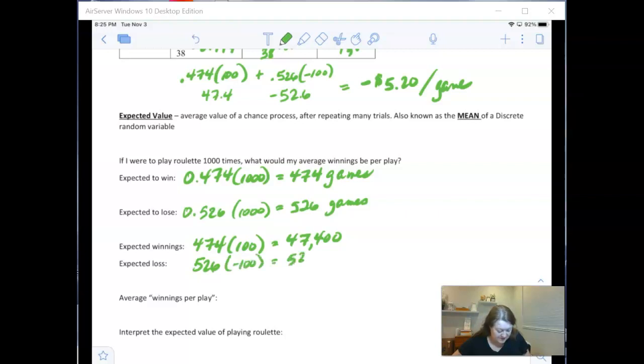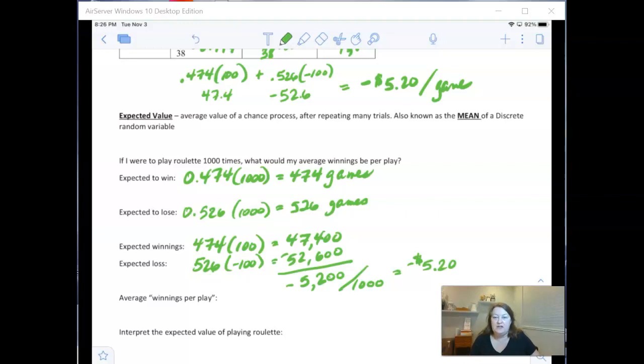So that would be 52,600, but it would be negative money that I would lose. So what's the average winnings? Well, if I'm doing 1,000 games, I can calculate the difference between these two. That's 5,200, but that's over 1,000 games, and it should be no shocker that the average amount that I would lose per game is about $5.20 again.